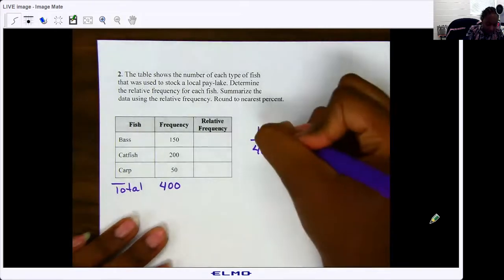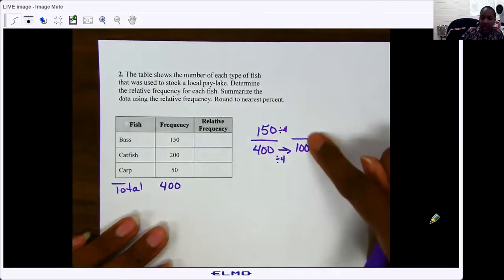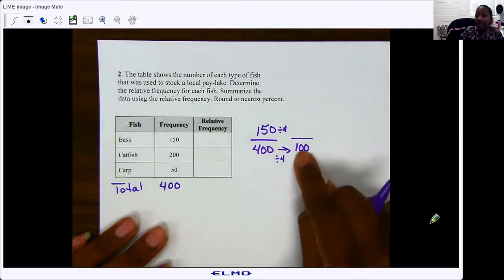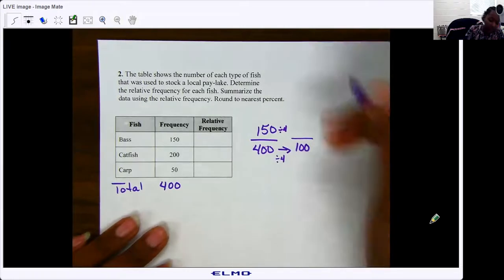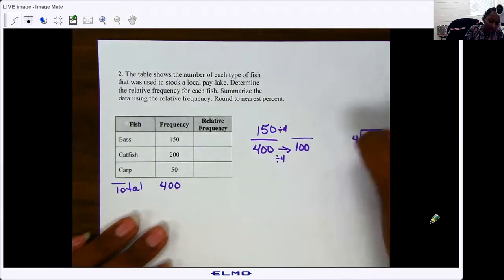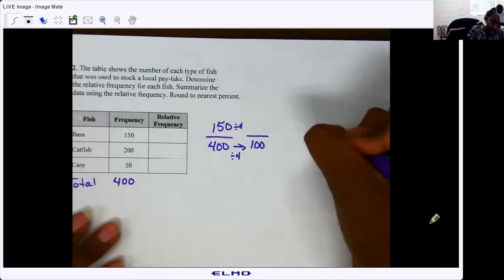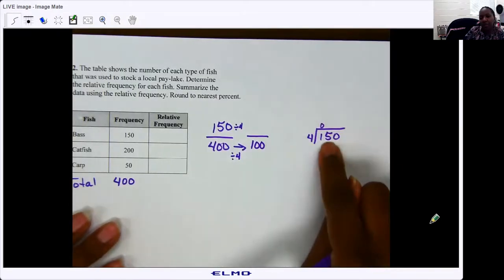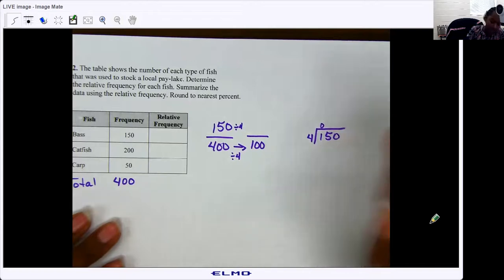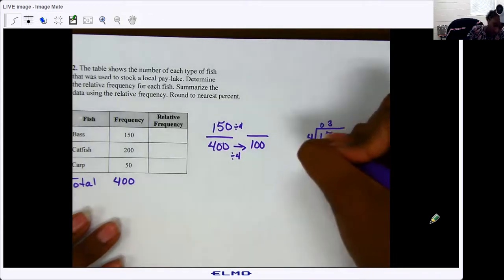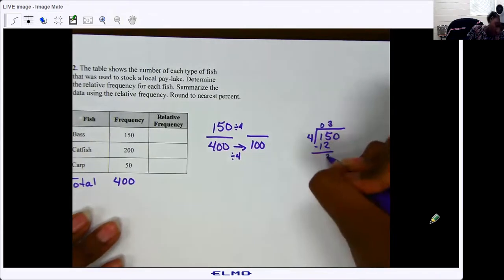So if I divide by 4 up here, I will get what my percent is. Because remember, a percent is out of 100. So let's do that. 4 divided by 150. 4 won't go into 1. It'll get close to 15. 4 times 3 is 12. 3 left over.